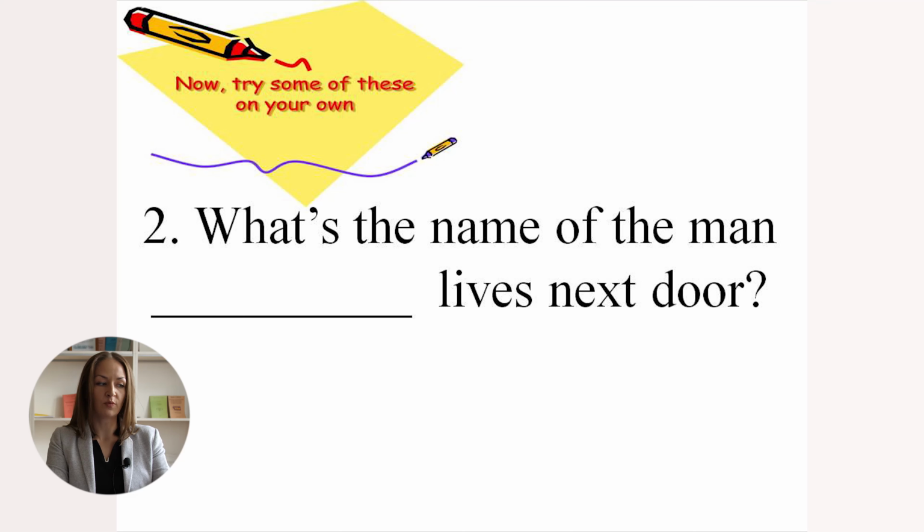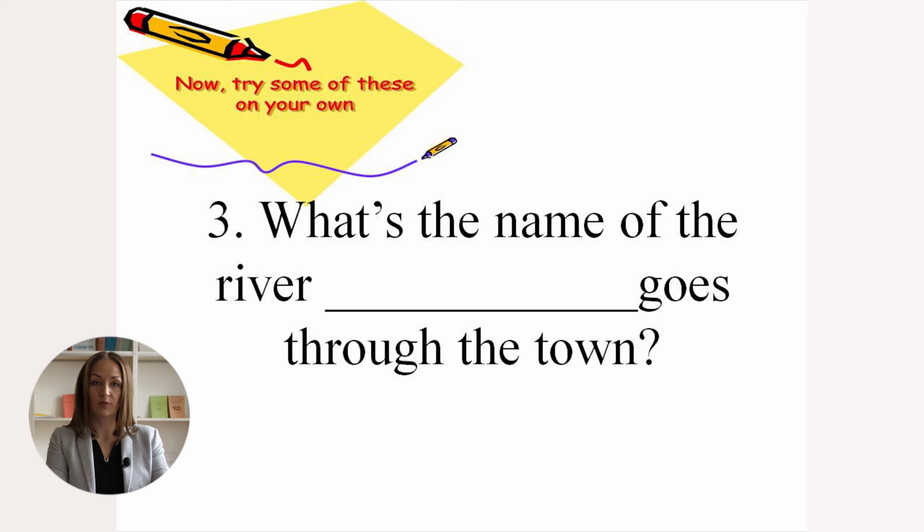Please take your pen and insert the appropriate relative pronoun. Sentence number 2. What's the name of the man _ lives next door? What relative pronoun is appropriate in this situation? Sentence number 3. What's the name of the river _ goes through the town? Please mark down the correct relative pronoun.